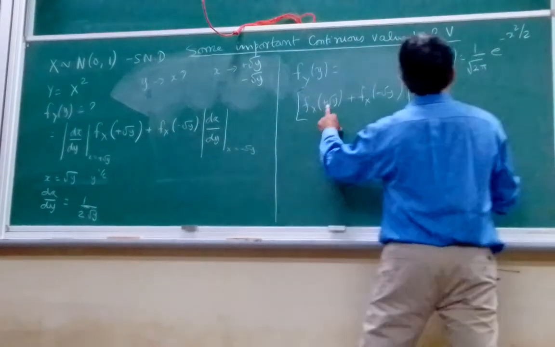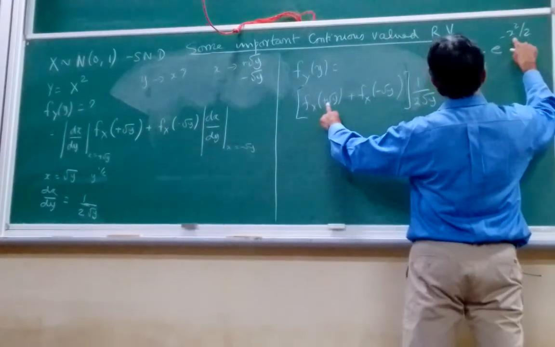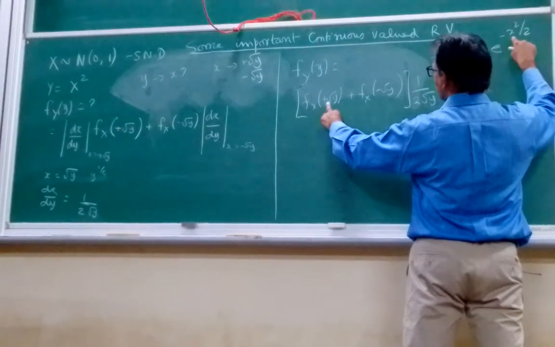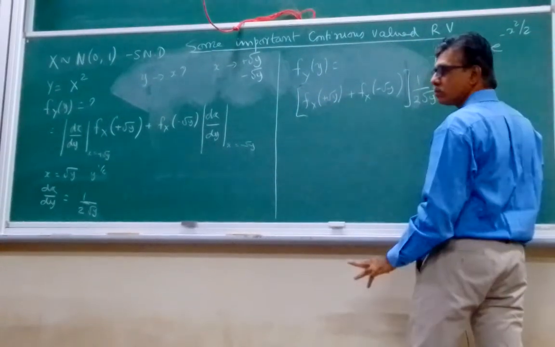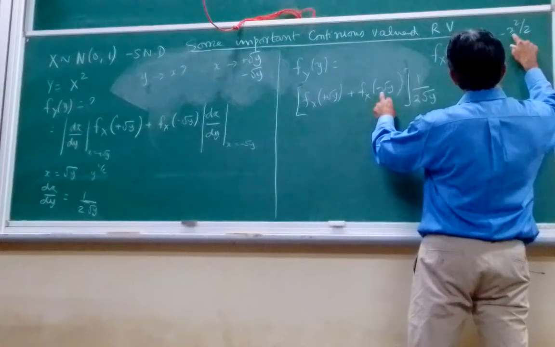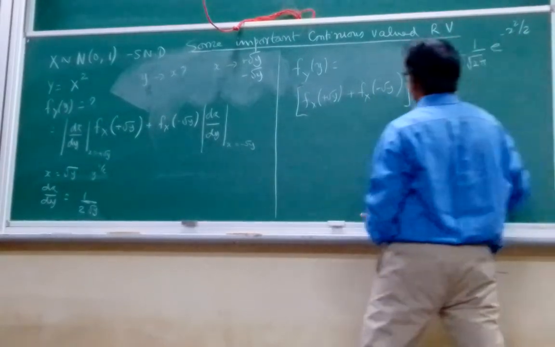If I put plus root y here, then I get e power of minus y by 2, and minus root y also gives y by 2.